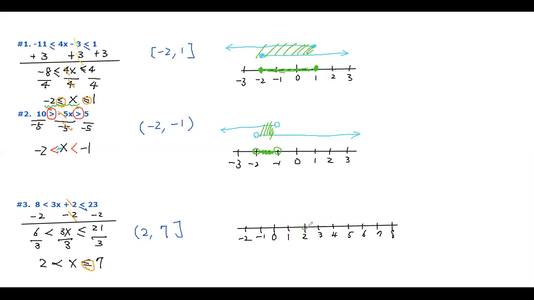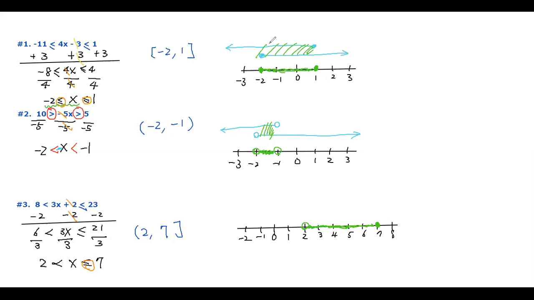At 2, I put an open circle because it does not have an equal sign, all the way to 7. So x is greater than 2 and less than or equal to 7, right? That's the solution here.